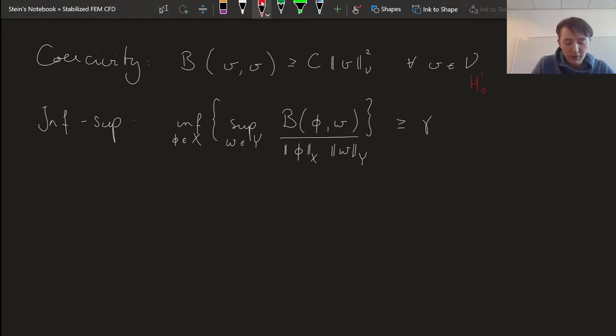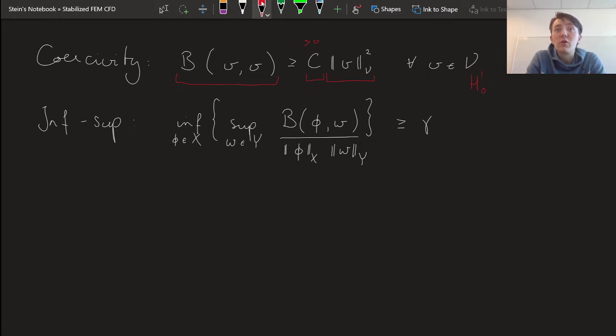So this is saying that if I substitute the same function in both slots of my bilinear form, irrespective of what that function may be, as long as it's a function in this function space, then the result of this operation, which will give you a number, is always going to be larger than or equal to the norm of that function squared multiplied by that coercivity constant. And that constant had to be larger than 0.